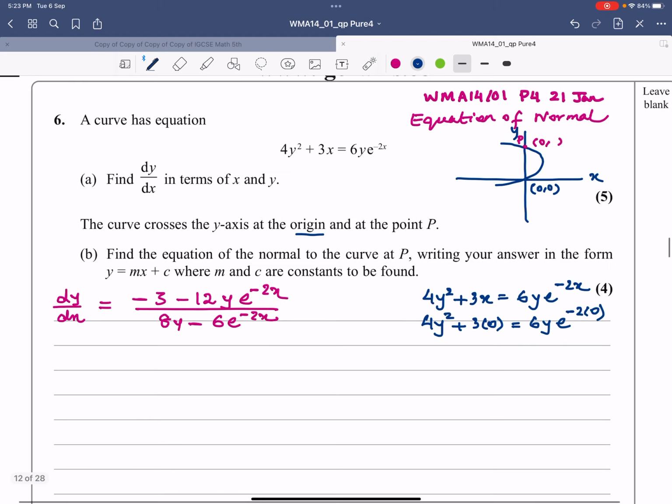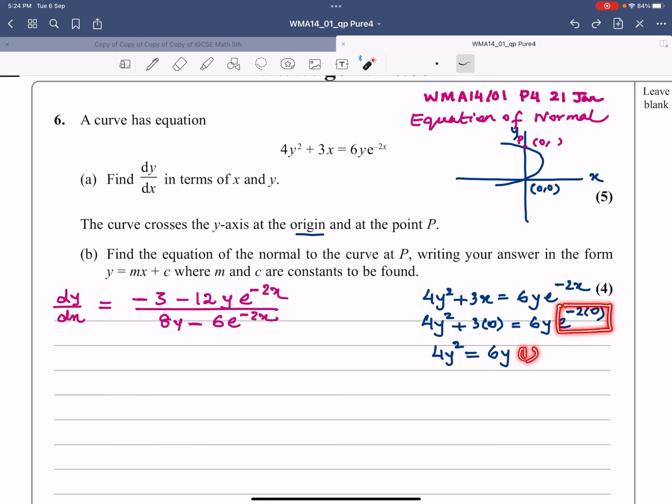So 4y squared, 3 into 0 gives us 0. So on the left side we have just 4y squared. On the right side we have 6y e. Now negative 2 into 0 gives us 0, and e to the 0 will give us 1. So basically e to the power of negative 2 into 0 is all equal to 1.